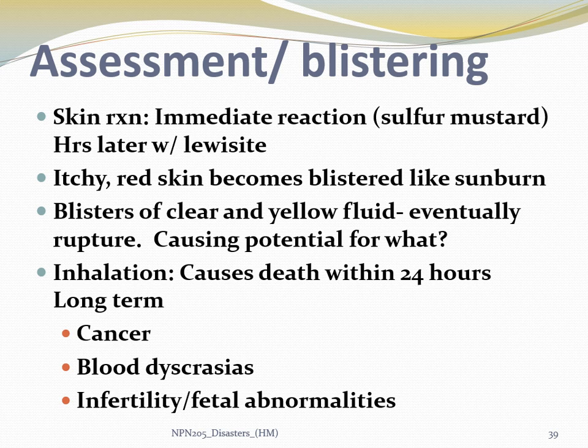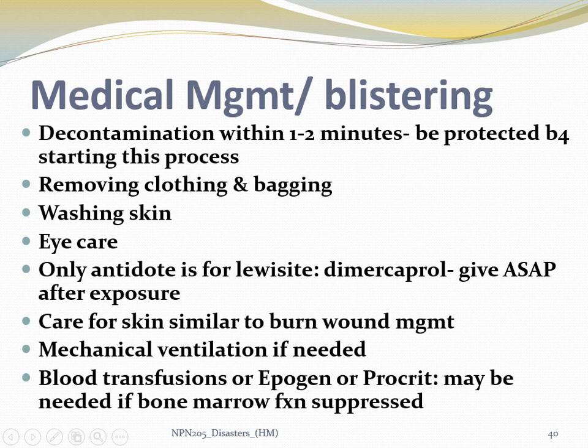Obviously, we have the potential for infection. Now, inhalation of these agents will cause death within 24 hours. Long-term problems could be cancer, blood dyscrasias, and infertility or fetal abnormalities or anomalies.